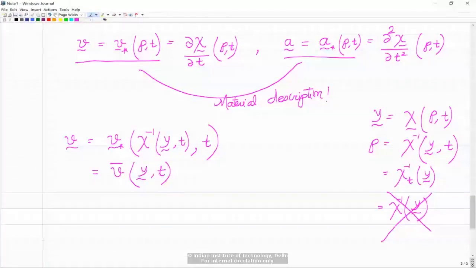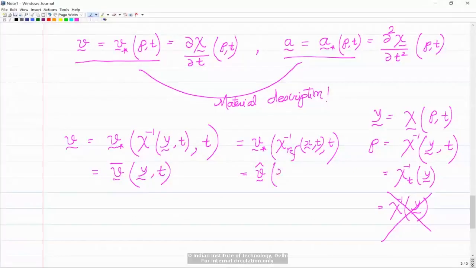Likewise you can think of also the Lagrangian description in which you will write this v star as an inverse of the referential map x comma t, and then this induces a different function, v hat of x comma t.